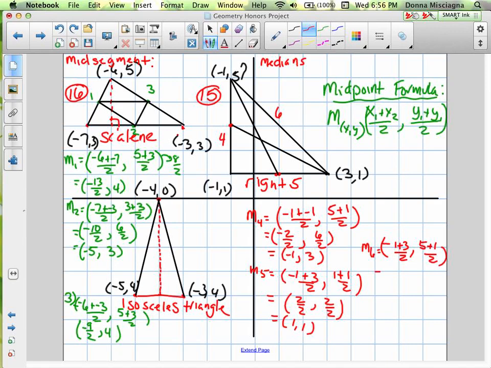So that's going to be 2 over 2 and 6 over 2. So that's the point 1, 3. All right, so wait a second. Can't be. Oh, excuse me, right here. I was counting from my side, not from my X and Y axis.